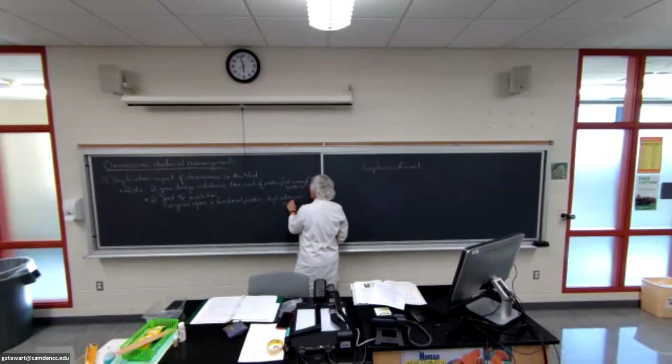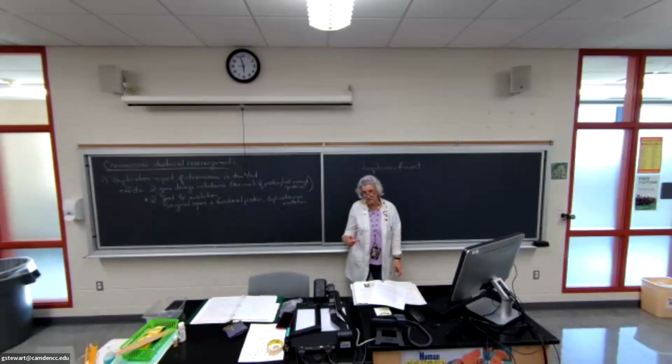And mutation is the source of variation, and variation is the basis of evolution by natural selection, right? If you don't have any new variations, you're not going to get any change over time.